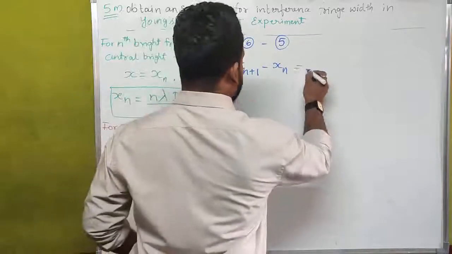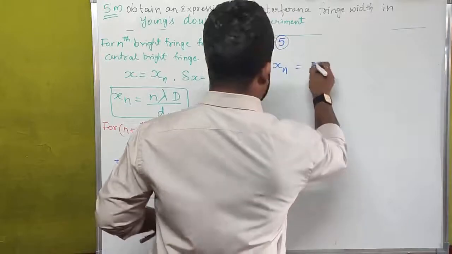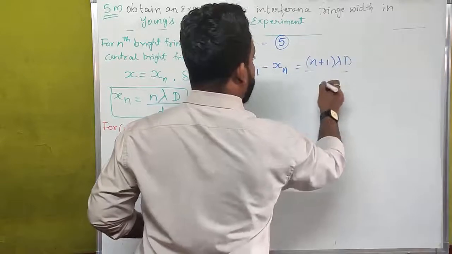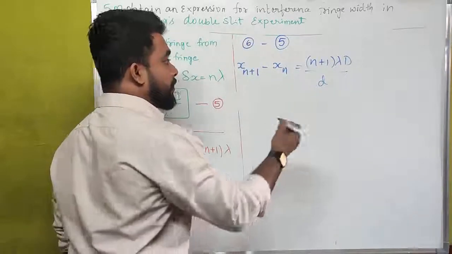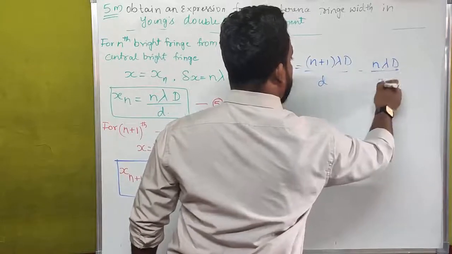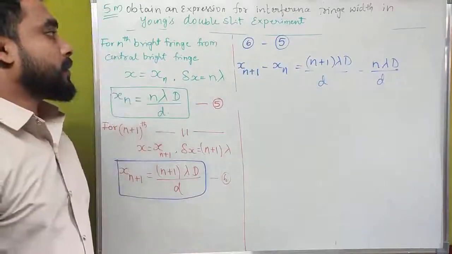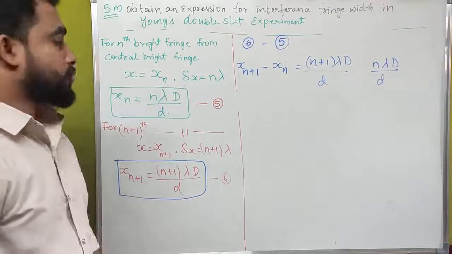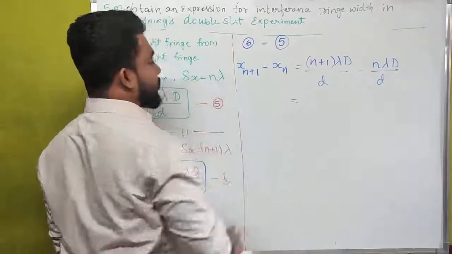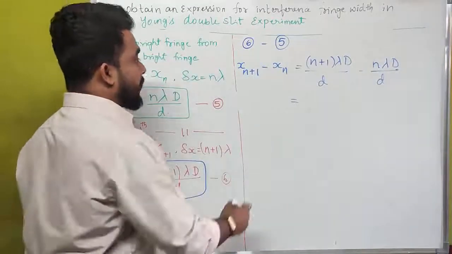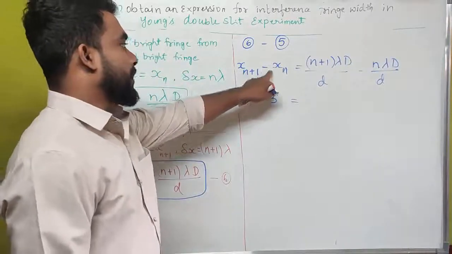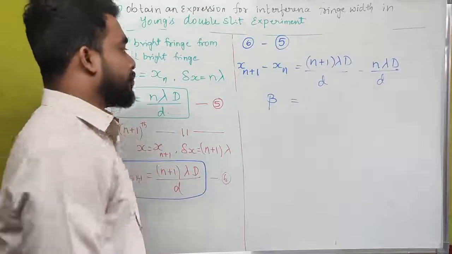On the right hand side, n plus 1 lambda into capital D divided by small d minus n into lambda D divided by d. This is our expression on subtracting those two equations. Here xn plus 1 minus xn is nothing but beta. Let us assume xn plus 1 minus xn is equal to beta.